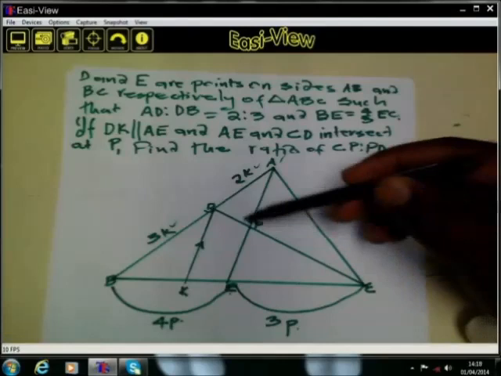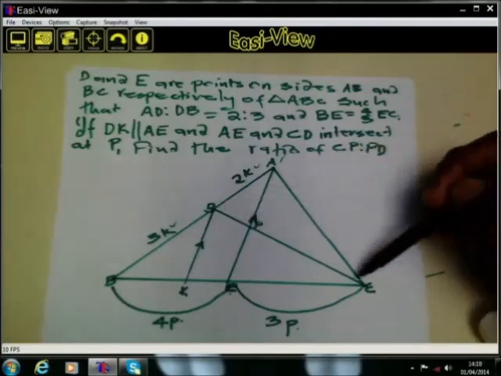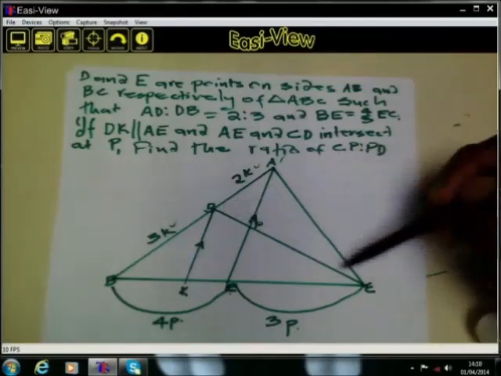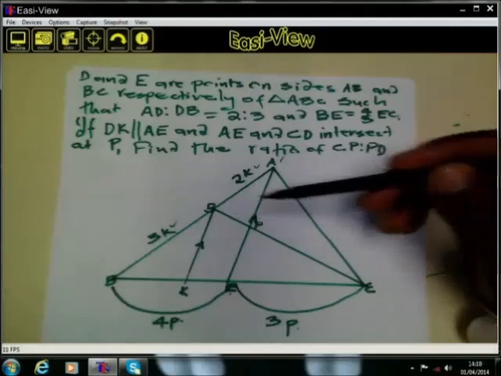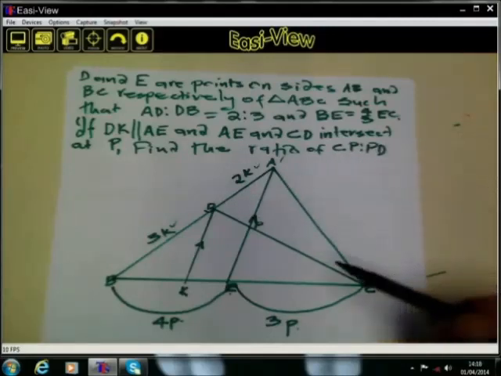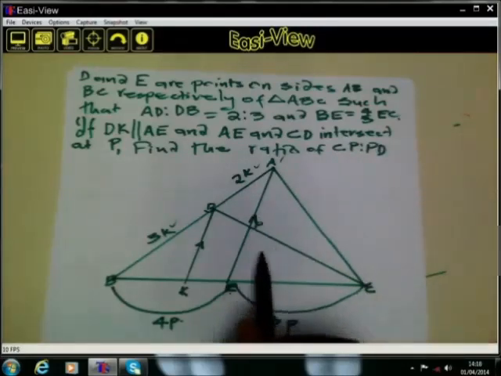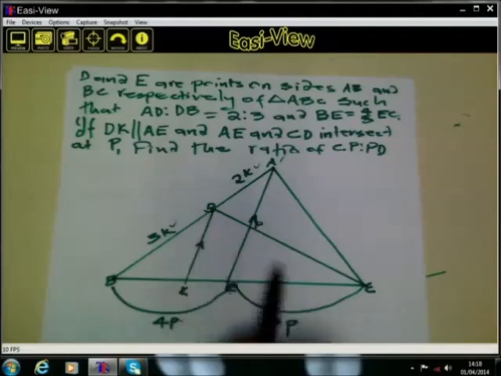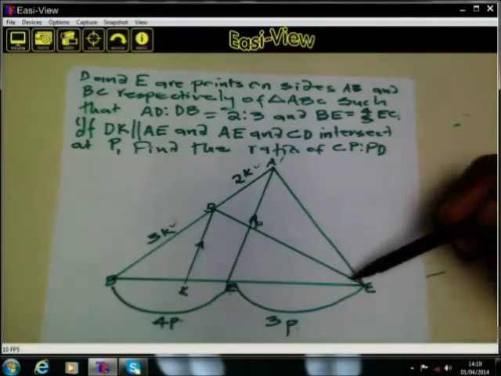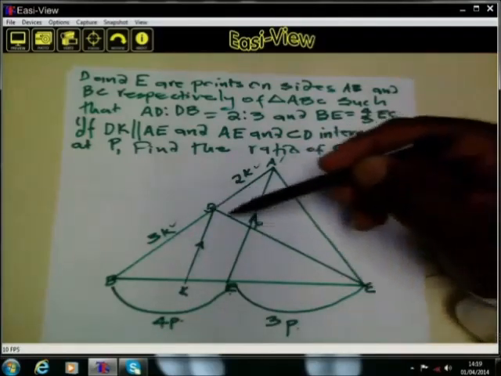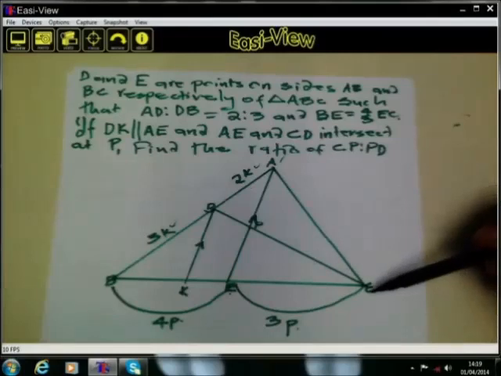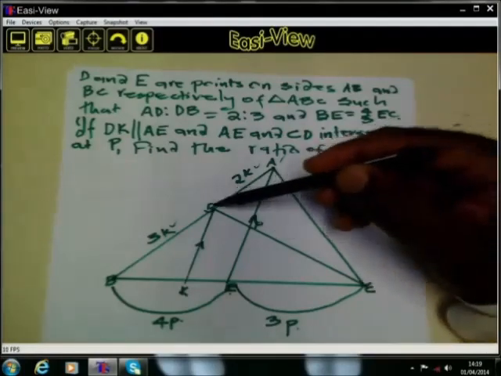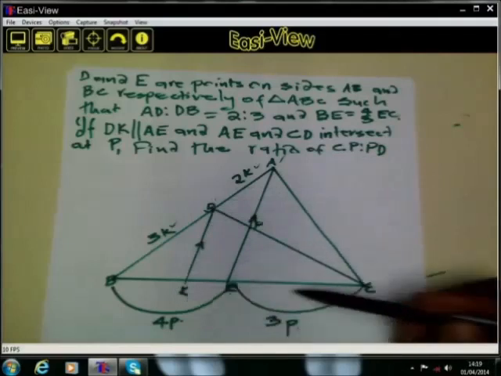What triangle do these sides belong to? It says the ratio CP is to PD, so the triangle in question should actually be triangle CBK. It should be this triangle.